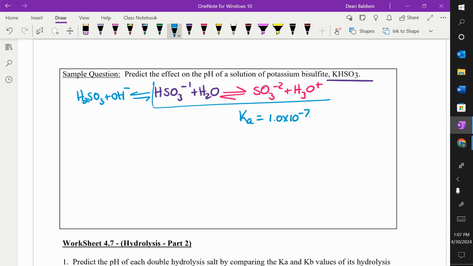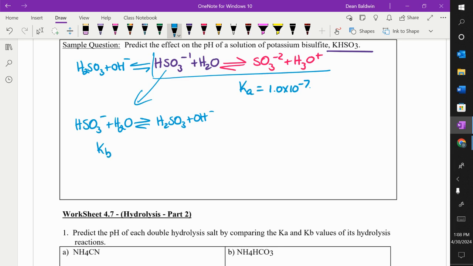Now we need the Kb for the reverse. Okay. I'm going to rewrite this just so it looks like we normally write things. Okay, it's acting as a base there.